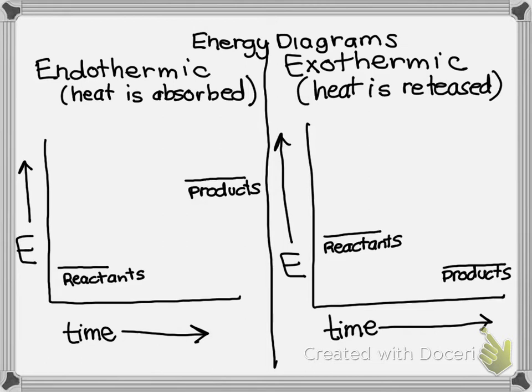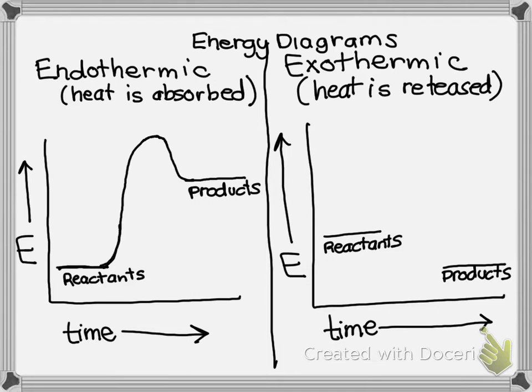So in the endothermic reaction, coming back, we start at our reactants. Now what happens? We need energy to break a bond. So what we see is the energy goes up as we have to have energy absorbed to break the bonds. Once the bonds are broken, new bonds are formed and energy is released, and we go down. Right?